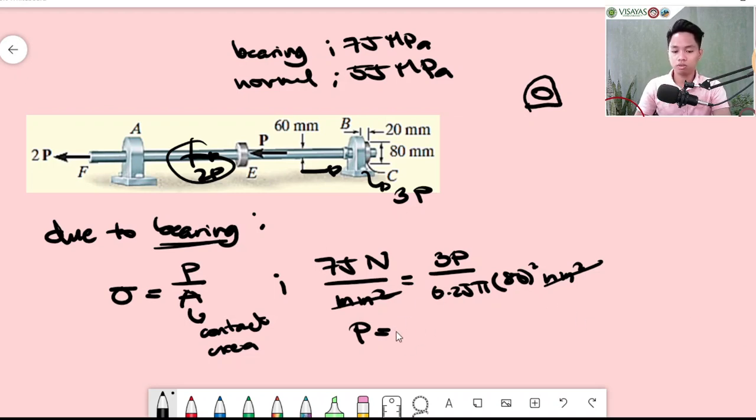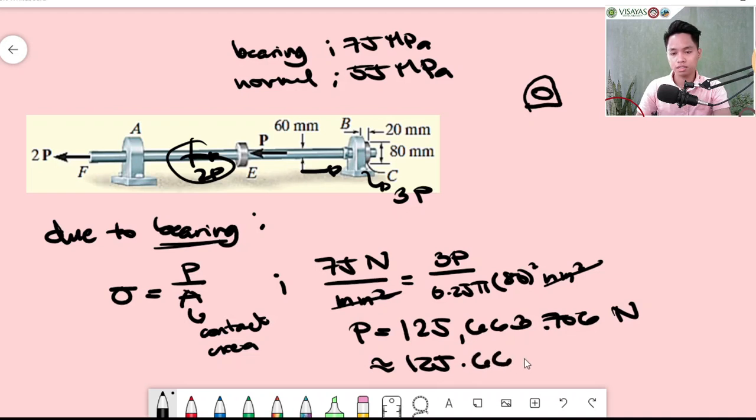Therefore, the value would be 125,663.706 Newton, or approximately equal to 125.66 kilo Newton. So that is due to bearing.